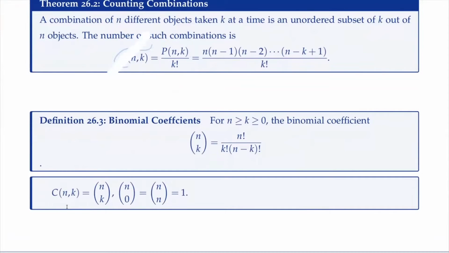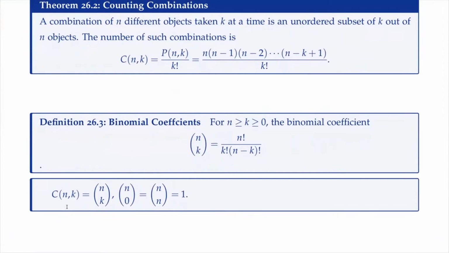So why is this the case? Well, if you've got a set of n objects, I'm just going to call these 1 to n, and we're going to draw k different things from here. So we can have a1, a2, up to ak.